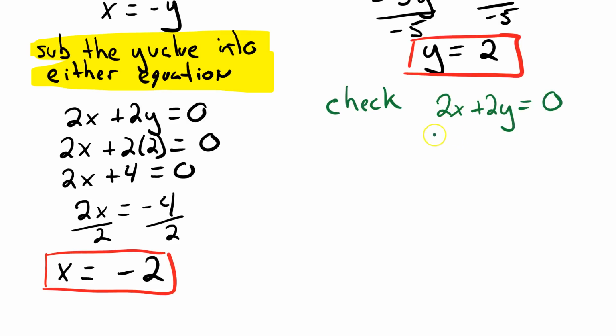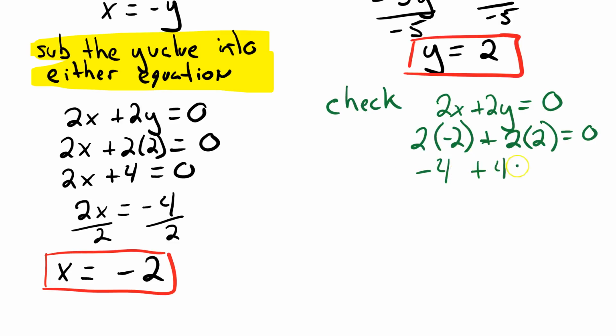Change my x's to negative 2. 2 times negative 2, plus my y's go to positive 2. 2 times positive 2 equals 0. This is negative 4 plus 4. And negative 4 plus 4 is 0. And yes, that comes down. So we have a good check for the first equation.